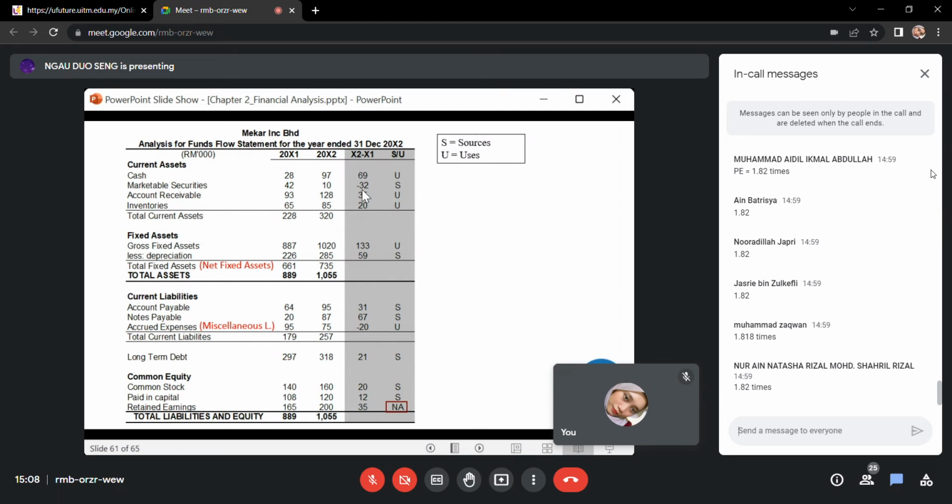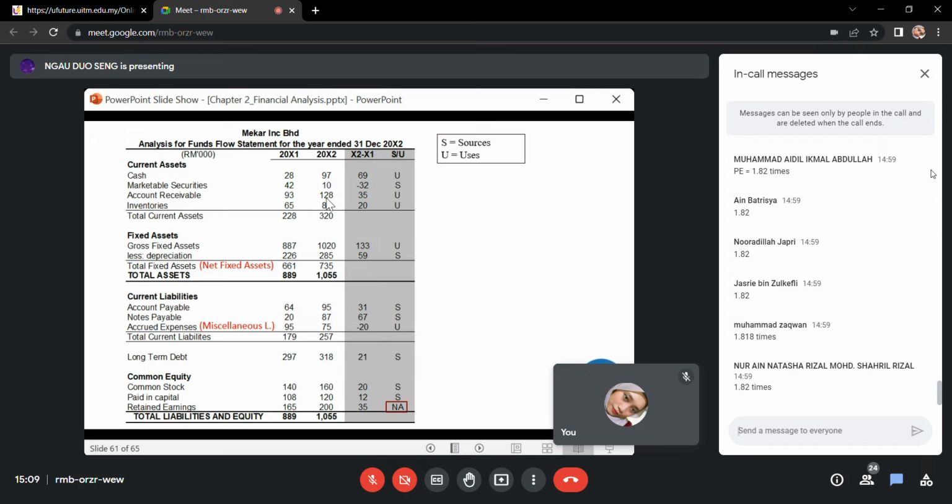So if marketable is negative, it means this one is sources, S. Cash is uses, if the answer is positive it is uses, or I can conclude if for an asset you subtract and you get negative, then this one is sources. Okay. If you subtract using 2002 minus 2001 for asset, a positive answer is uses. Negative answer is sources. Right, then this one is simple.